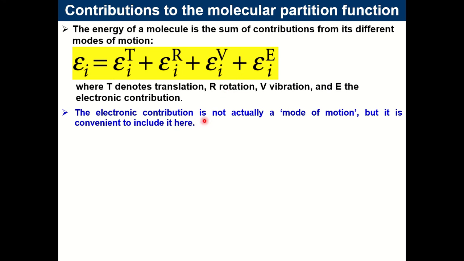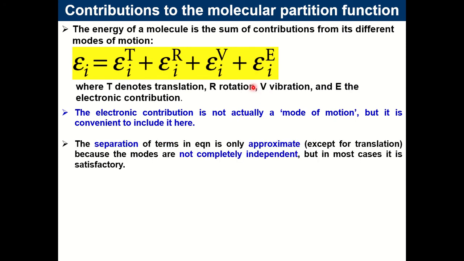The electronic contribution needs to be clarified: electronic contribution is not a mode of motion. All these three are modes of motion: vibrational, rotational, and translational. But electronic contribution is not a mode of motion, but it is important because it contributes to the energy of the molecule, and so we have included it over here.